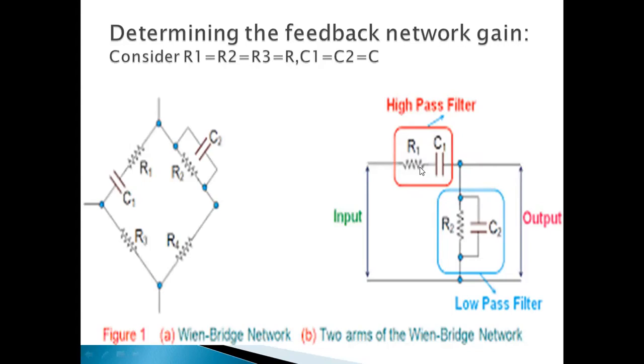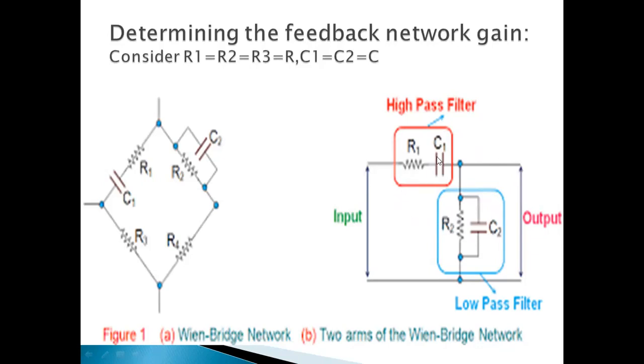Series combination means R plus 1 by j omega C, because R1 is R, C1 is C. What is j omega? J omega is S. So the impedance at this point is R plus 1 by SC. And the impedance at this point is R parallel 1 by SC, because R2 is R, C2 is C.